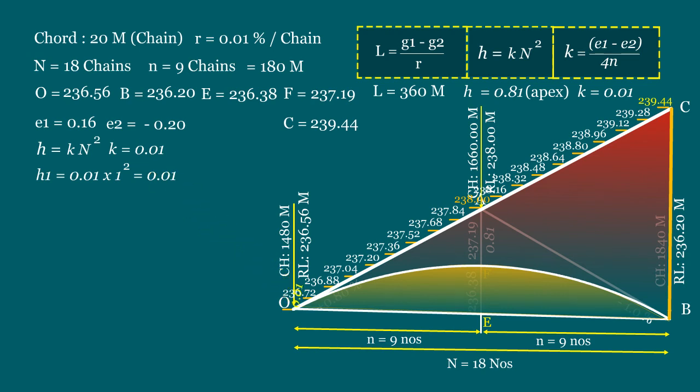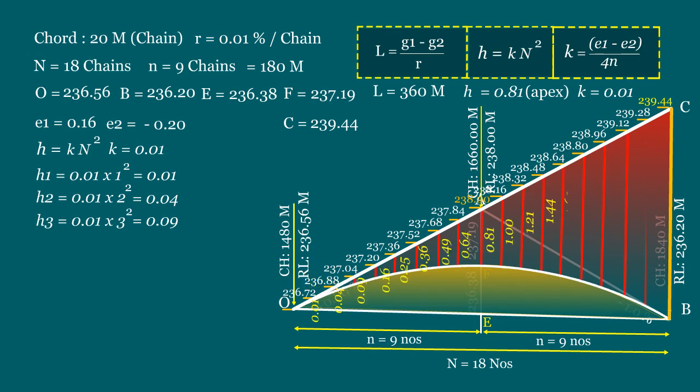Next, the tangent correction for second peg is 0.01 into 2 square. That gives the value of 0.04 meters. Similarly, for peg number 3 it is 0.01 into 3 square. That gives the value of 0.09 meters. That is the tangent correction for peg number 3.